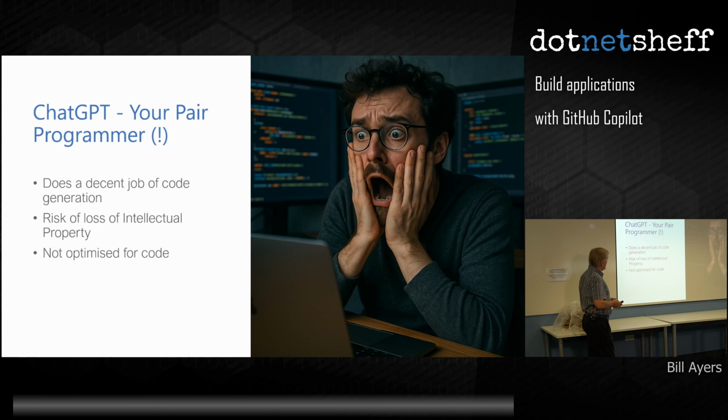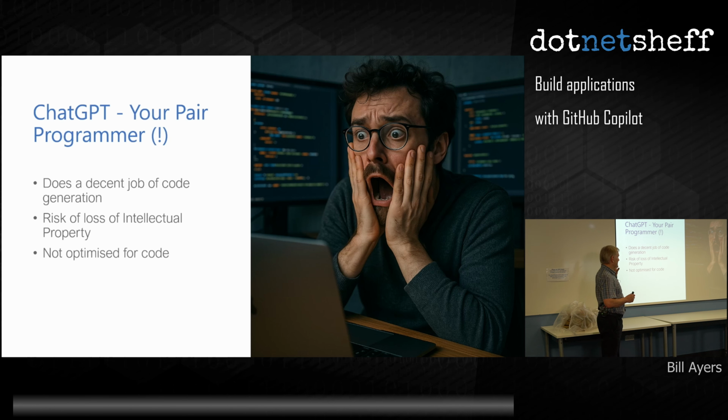So a lot of people went on to ChatGPT and discovered that, slightly surprisingly, it wasn't so bad for generating code. But then you think, well, amongst all its training data is a lot of code that it can see on GitHub and places like that, and Stack Overflow.